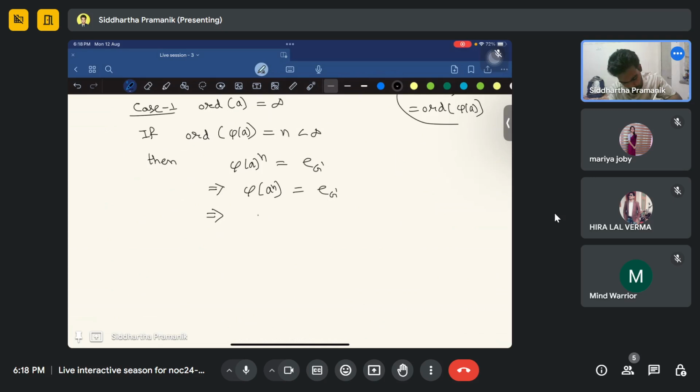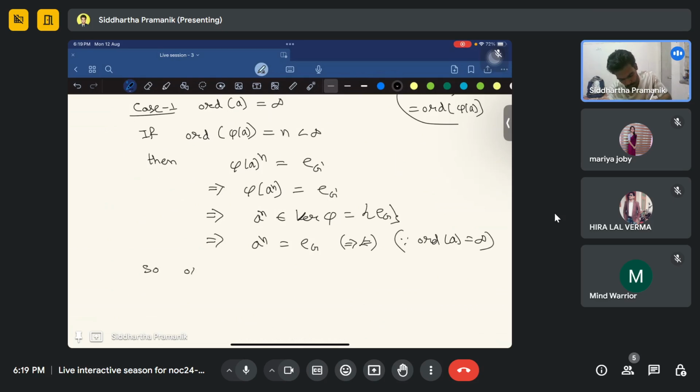So a to the power n belongs to the kernel of phi, and that is the identity of G because phi is injective. So that means a to the power n is the identity. But this is a contradiction because the order of a is infinite. So the order of phi of a cannot be finite.